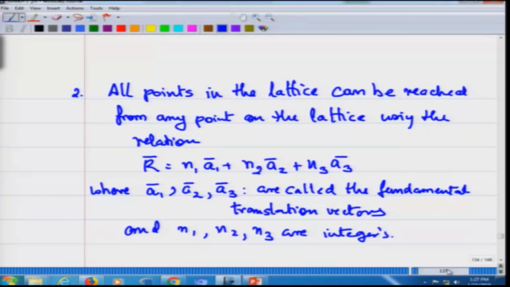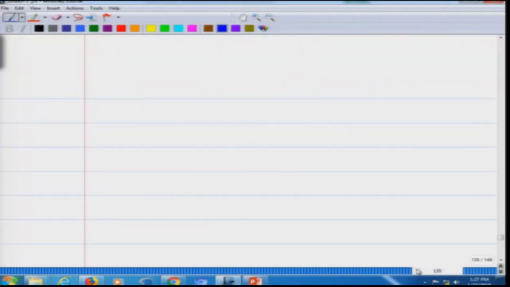To give you a simple example in 2 dimensions, what this relation means in 2 dimensions, let us take a simple Bravais lattice. First condition is satisfied, namely if you look at any point, if you look at the distribution of points around any given point in this lattice, it is exactly identical.